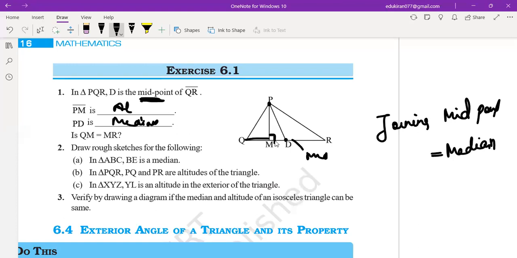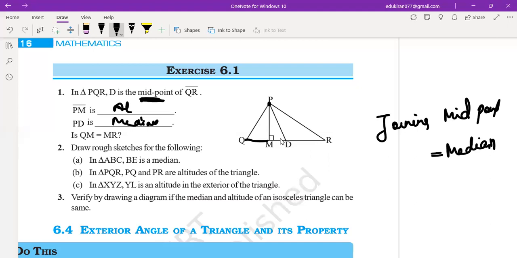Is this QM equal to MR? Very, very important question. No, ma'am. Why? It is not equal, because PD is also included.